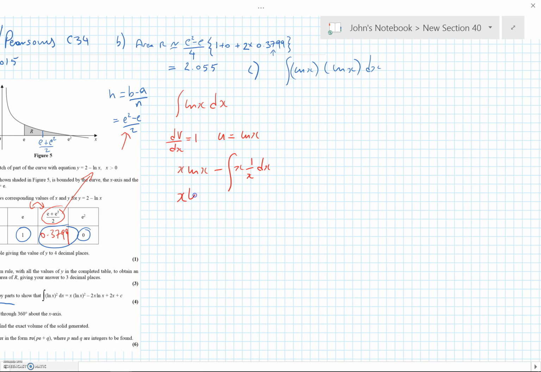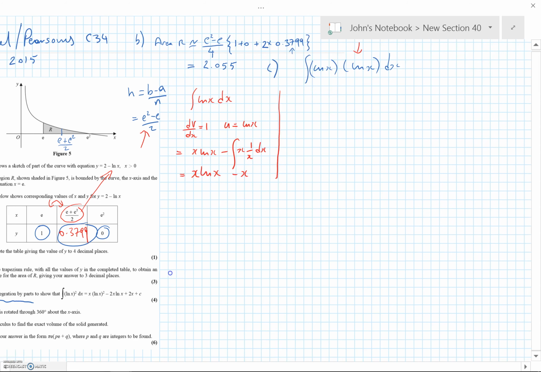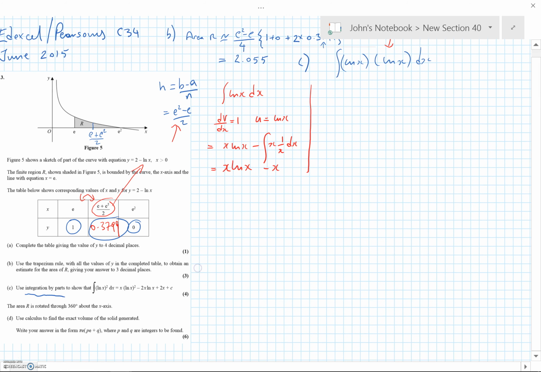So ln x integrated is x ln x minus x. I haven't gone all the way to answering this yet, but I'm surely going to need to know how to do that before I do anything, so that's why I've done that separately.